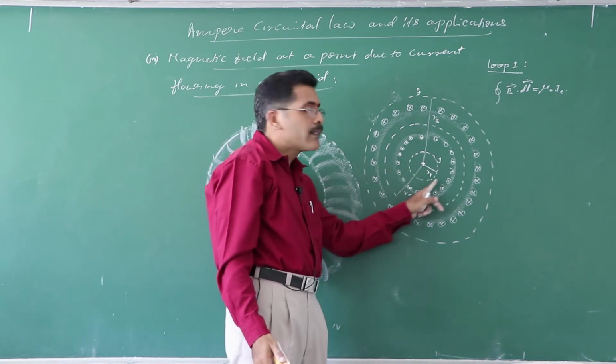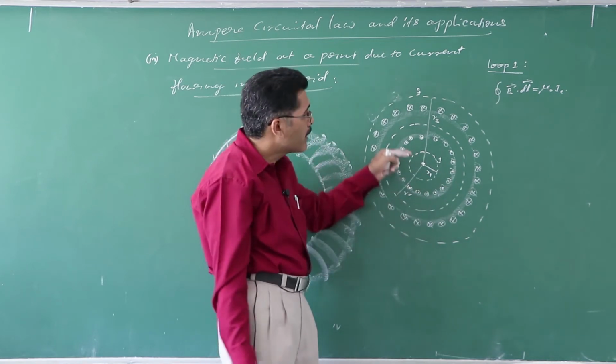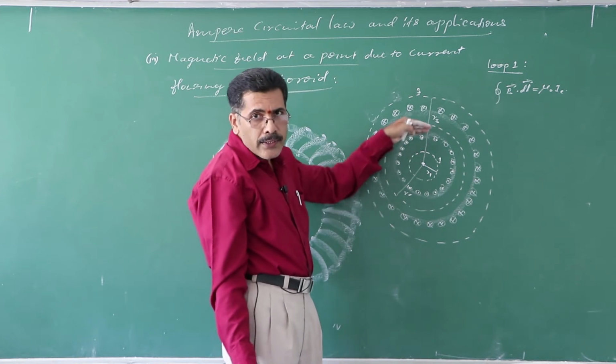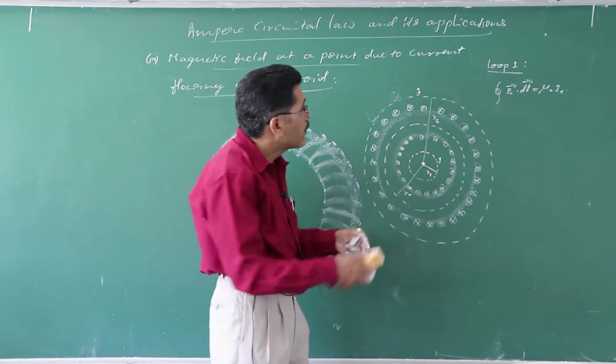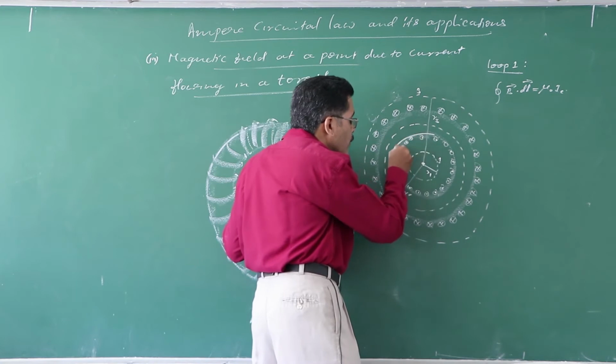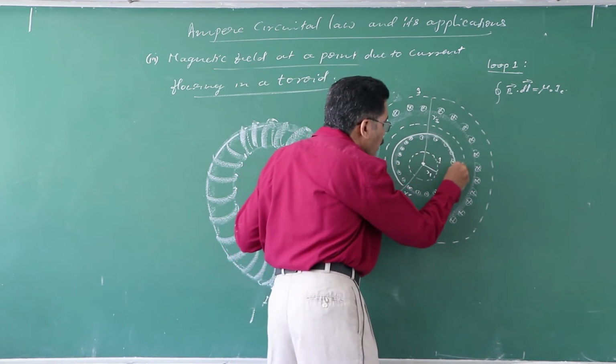This loop does not enclose any current because it is external to the solenoid, sorry, toroid.